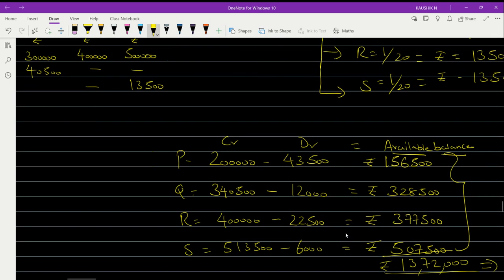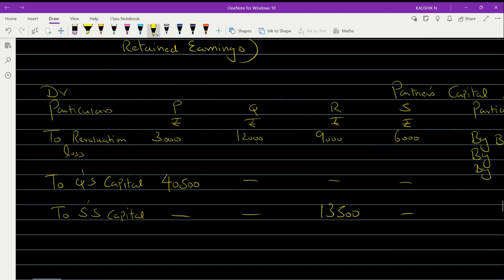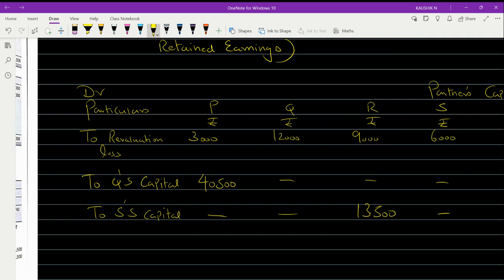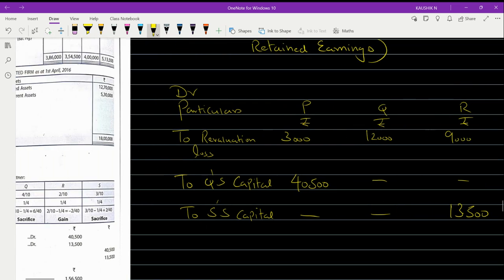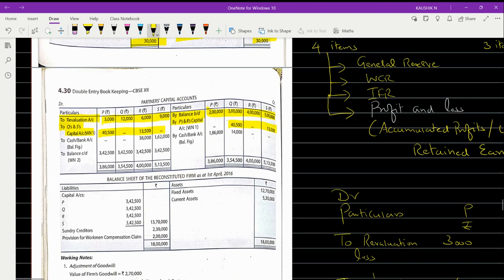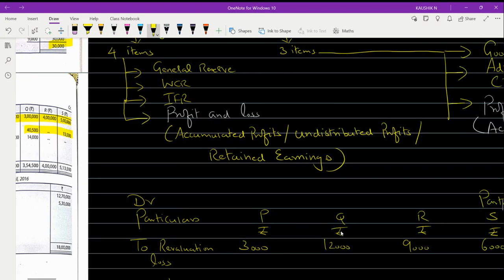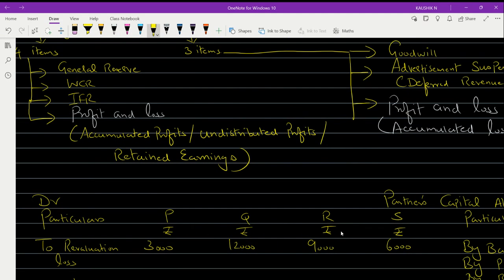Check it up and tell me. Yes. Wait, wait. For R, right? For PQR, 6,000, 13,000. I made a mistake.